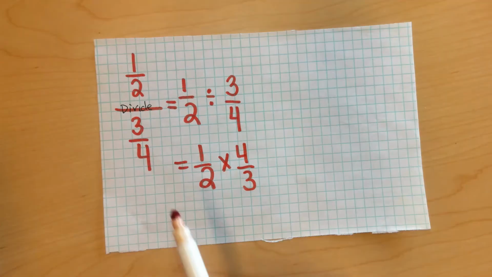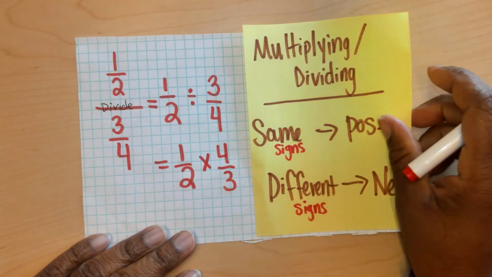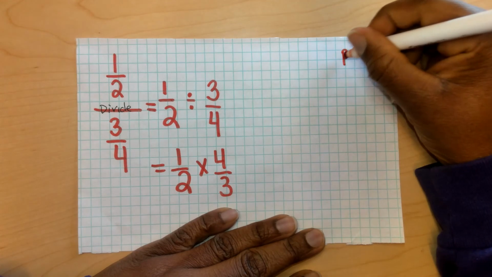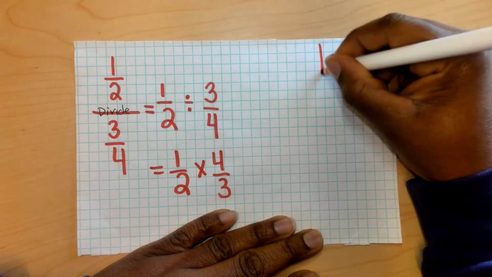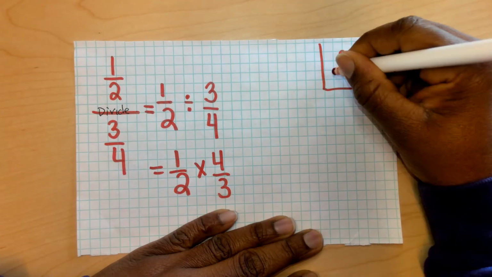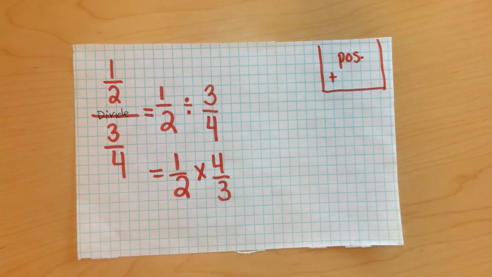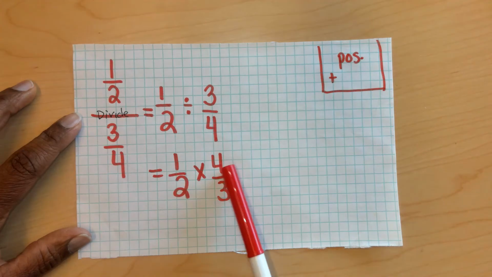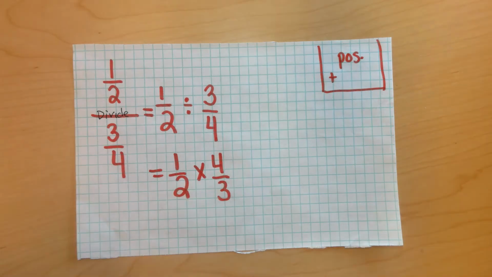Because we're dividing two fractions that are positive, okay, they both have the same signs, my final answer should be positive. So I'm going to write that in the corner up here so I don't forget. And I'm going to put a little box so I could come back and put my answer there.